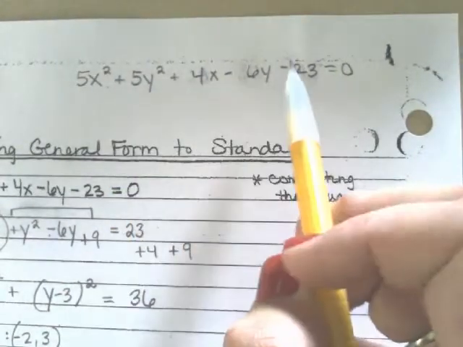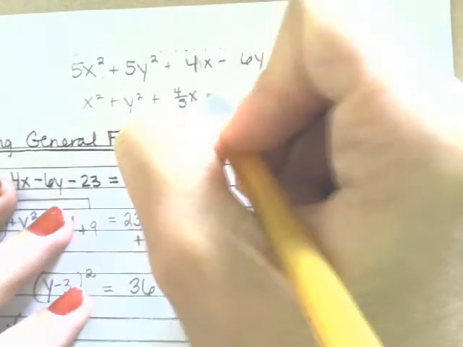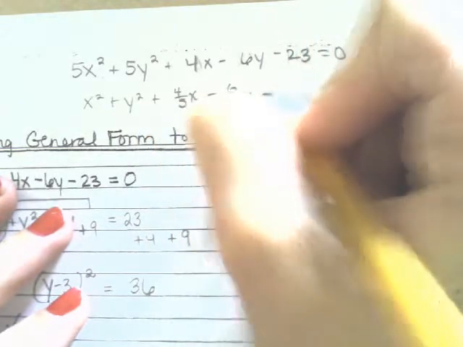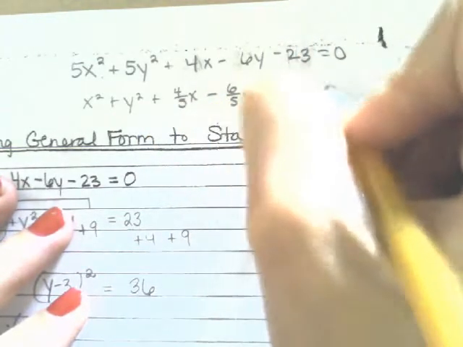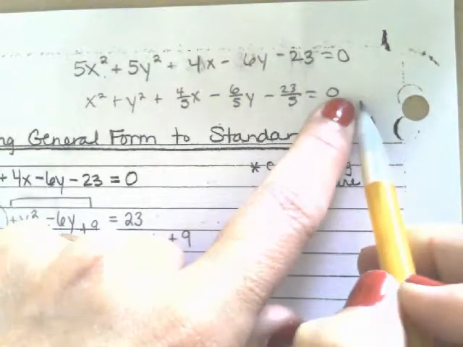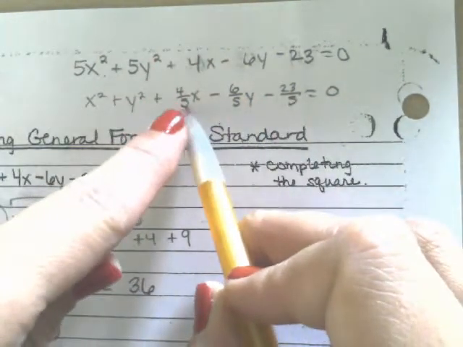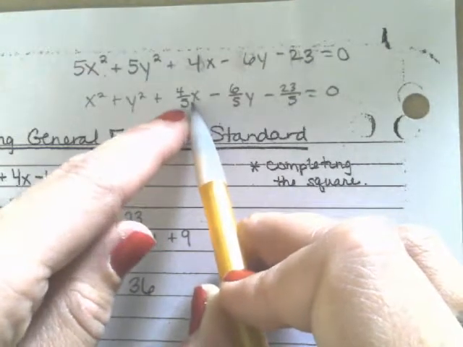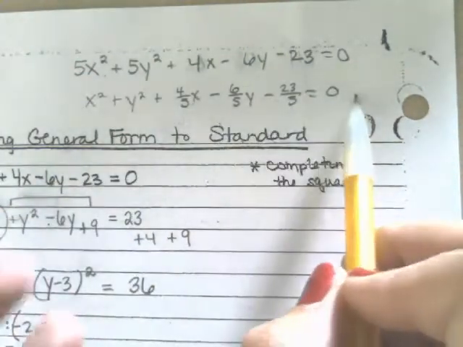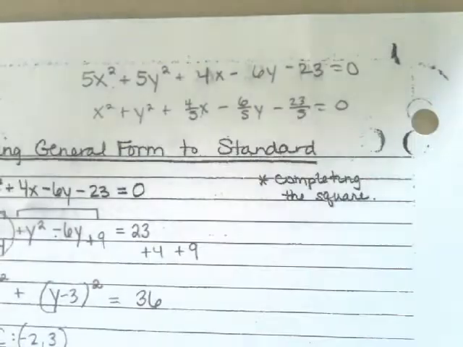Yeah, so if I divided everything by 5, I mean, it's going to be ugly because these numbers are not great, but yeah, it's going to make, obviously that's now a smaller number to start, and when I take half of b, half of 4/5, and square it, I'm also adding a smaller number over. So it's going to shrink it.